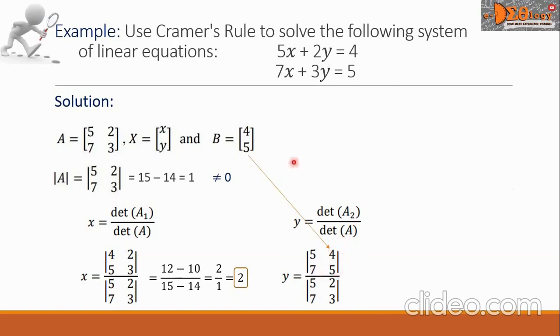We will replace this by the elements of matrix B. Then let us evaluate the corresponding determinants. 5 times 5, 25, minus 7 times 4, 28. Over 5 times 3 is 15, minus 7 times 2, 14. We can simplify further into negative 3 over 1 or negative 3. This is the value of y.